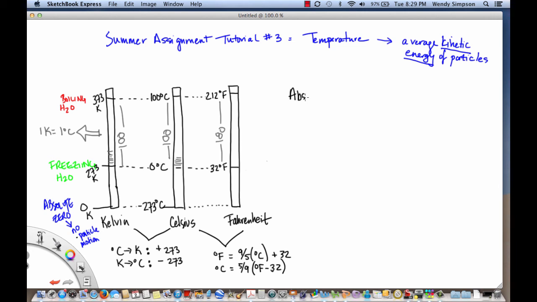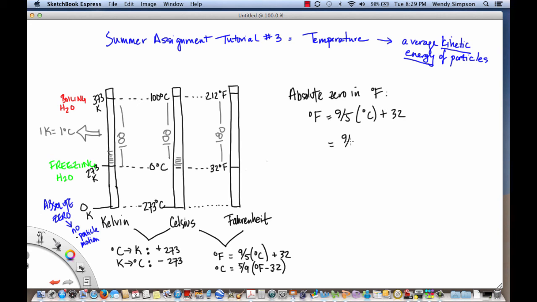So absolute zero in Fahrenheit is going to be, I'll just rewrite the equation: degrees Fahrenheit is 9/5 times my temperature in Celsius plus 32.